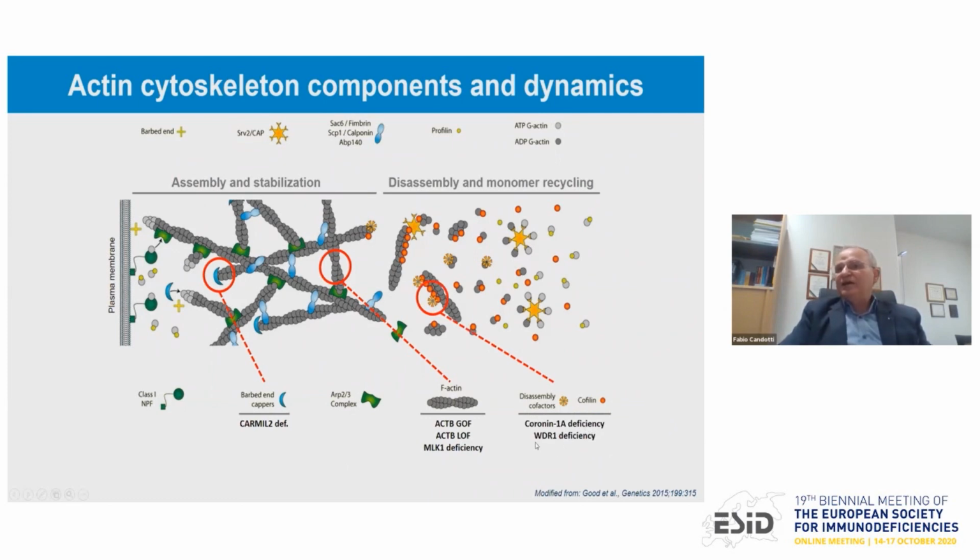These proteins are such as the WDR1 protein and the coronin 1A protein. These proteins then activate cofilin, and on the opposite side, if these proteins are mutated and their function is decreased, the disassembly function of cofilin will be impaired, and actin disassembly will be affected.